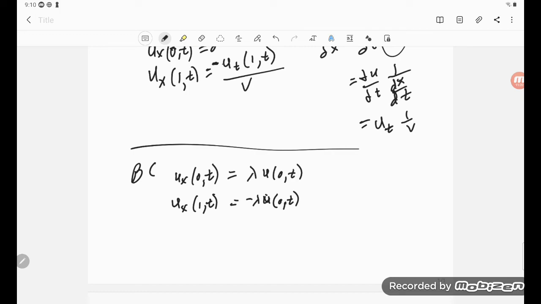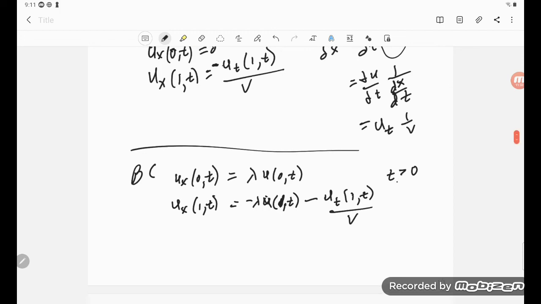But then we also get a boost, at least in the same direction as the lambda. All right, we get a boost of u sub t, of 1 and t over v. And this is for t greater than or equal to 0.